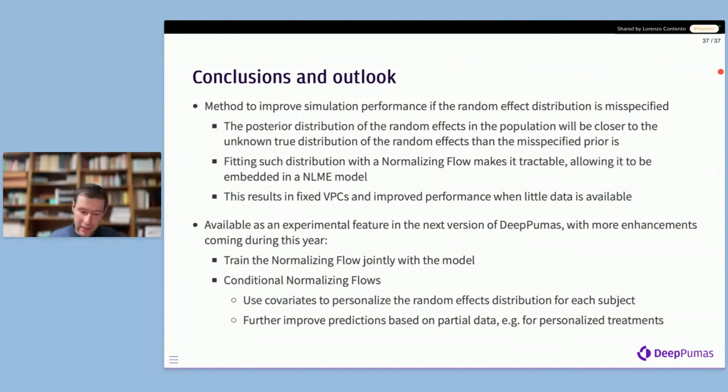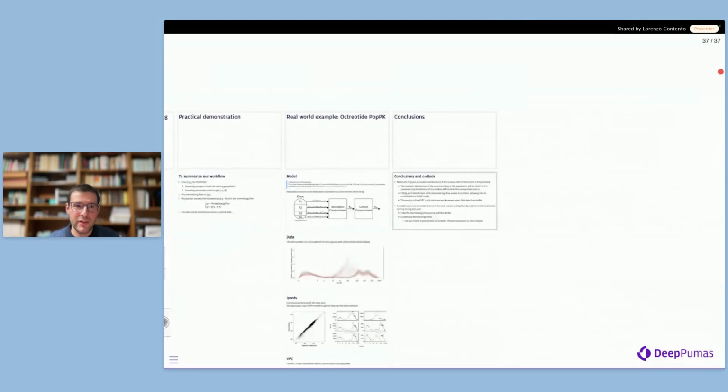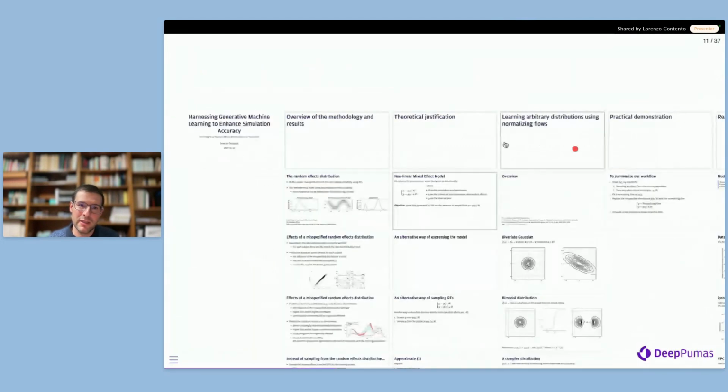So how can you distinguish whether your model is wrong because of a misspecified observational part or a misspecified random effects distribution? The answer I would give is not a definite answer because, as I said, it could be a bit philosophical.